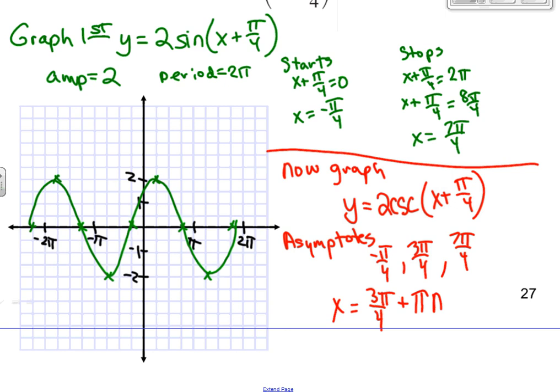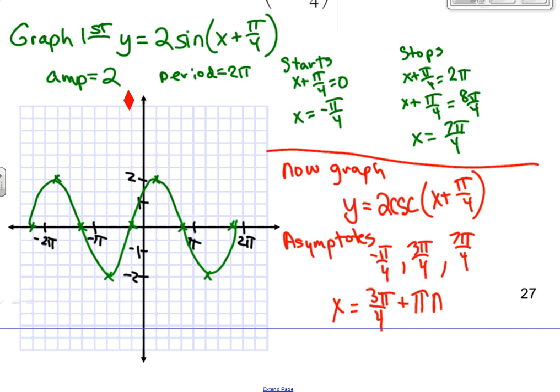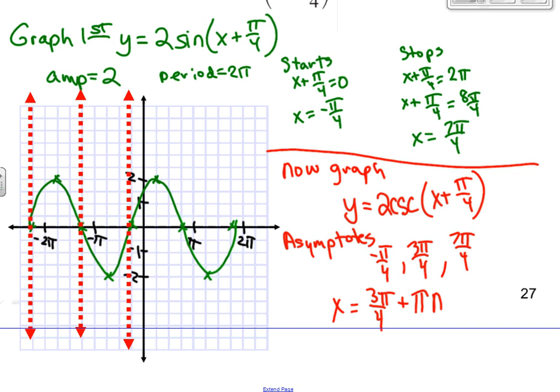Is the right letter there. And so now I'll put in my asymptotes. And again, when I'm doing this, it's pretty straightforward that my asymptotes are where that function is equal to 0.